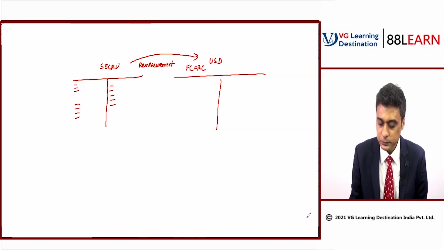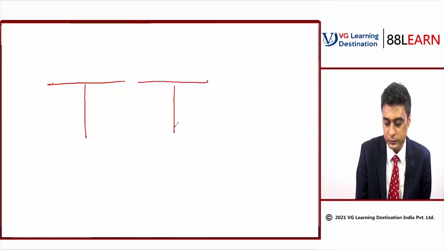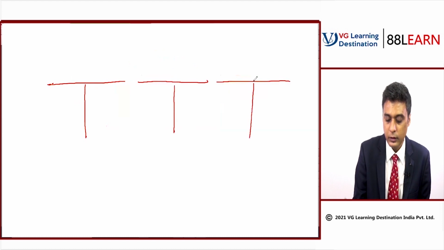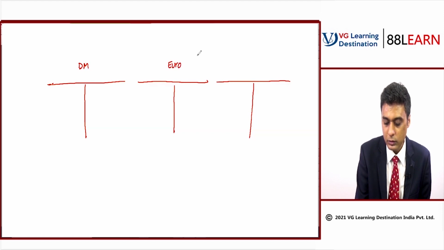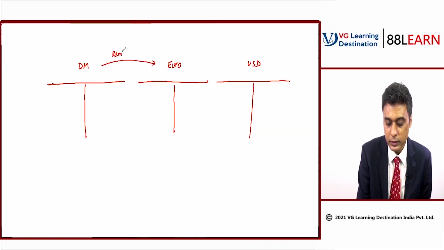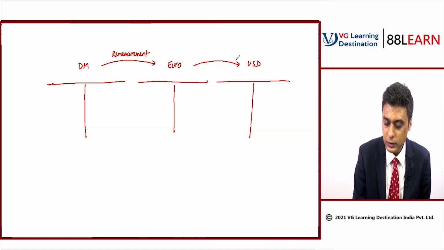And then finally, when we are going from, let's say, the German Deutsche Mark to Euro and from Euro to USD, this conversion is going to be the remeasurement method. This conversion is going to be the translation method.